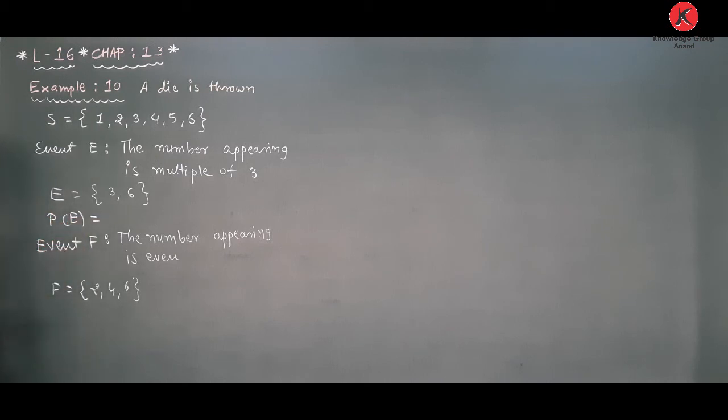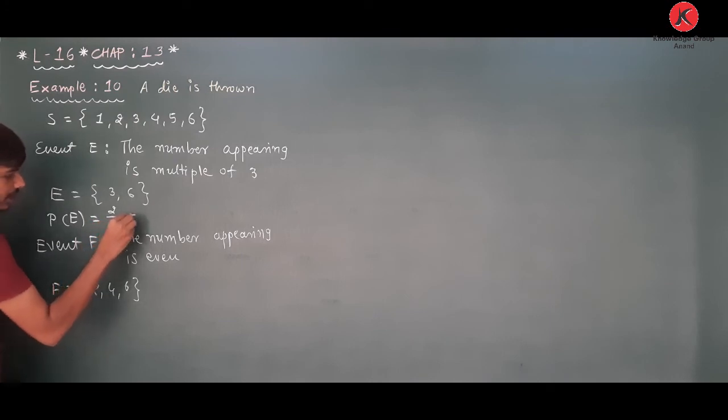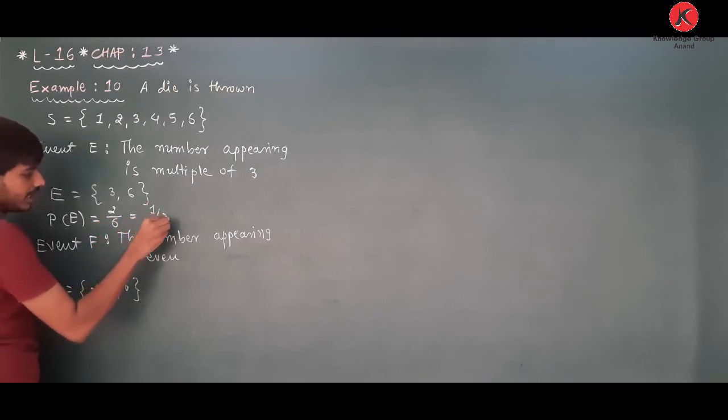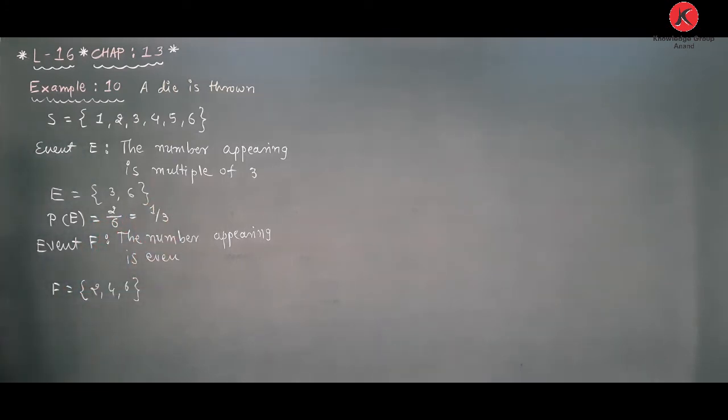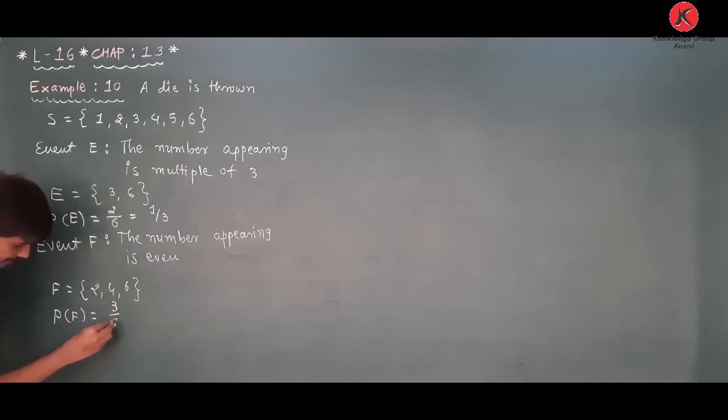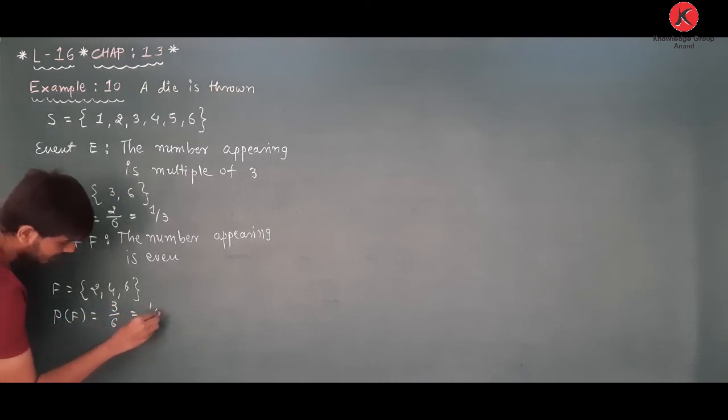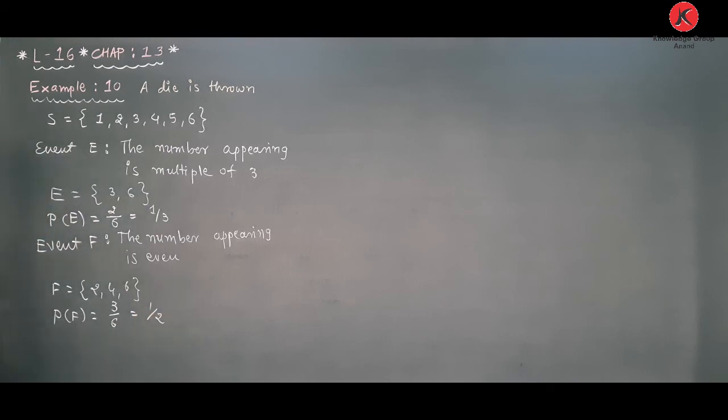Therefore, find out the probability of E. 2 favorable outcomes divided by 6 possible outcomes means 1 by 3. Here we also require the probability of F. The probability of F, 3 favorable outcomes divided by 6 possible outcomes, gives the answer 1 by 2.